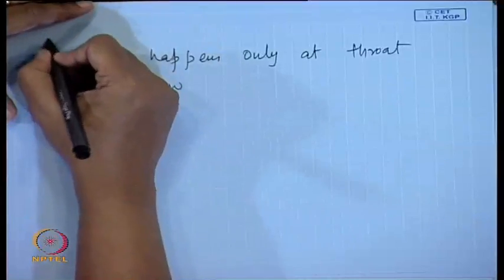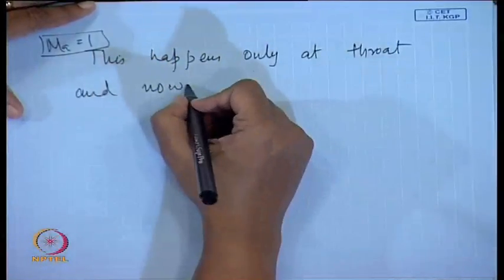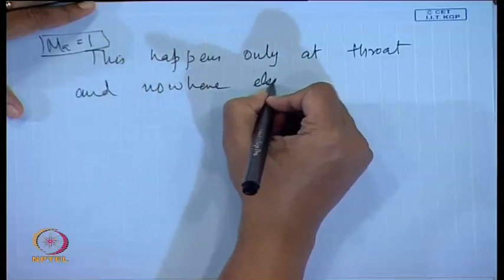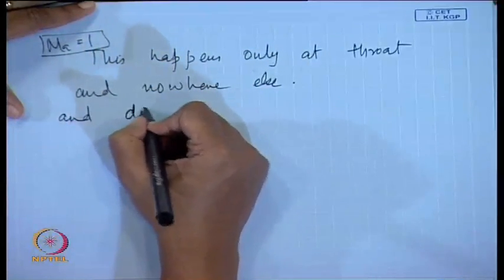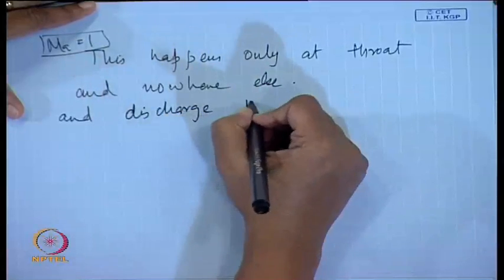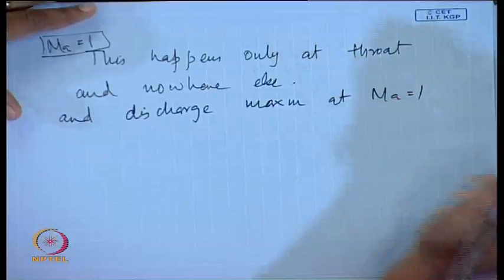Okay. So this means Ma equals 1. As I had told you, this happens only at the throat and nowhere else, and discharge is maximum at Ma equals 1.